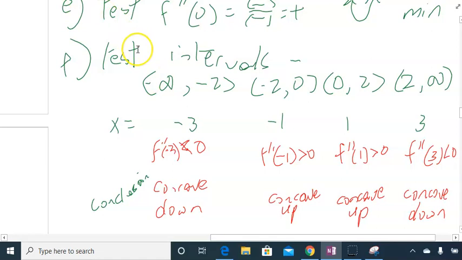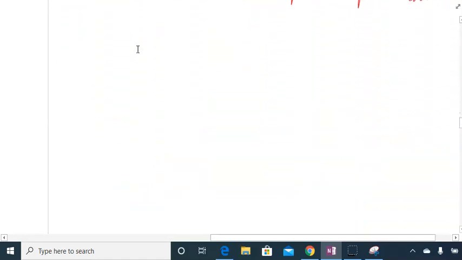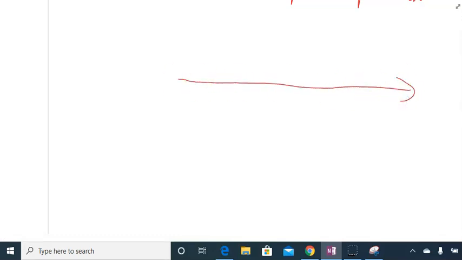interpretation of it. Now, if you want to sketch the graph of this function, let's do a quick sketch of it. Let's put in our intervals here. That's -infinity, +infinity, and here's 0.